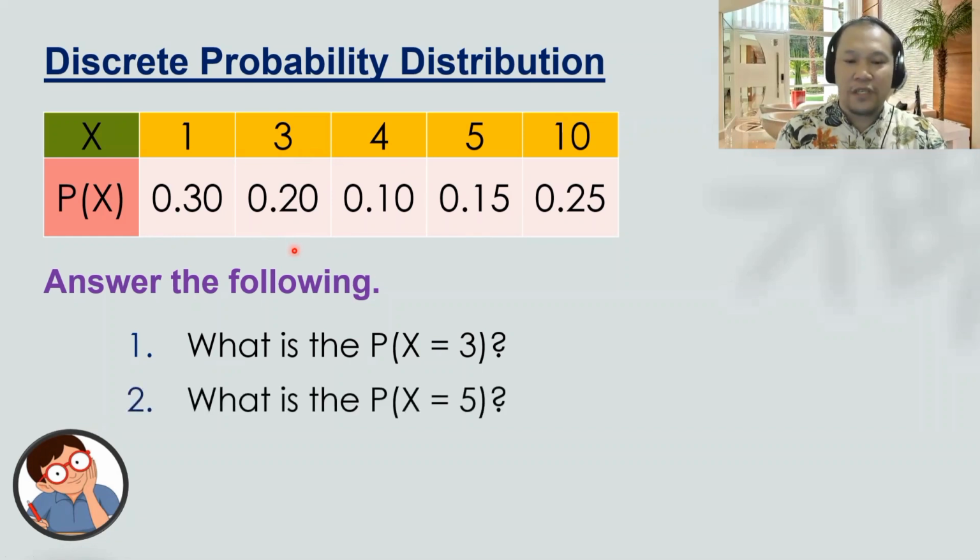What if we are asked to find the probability of the random variable x where x is equal to 5? Then the answer is 0.15. From the given illustration, we can determine the probability of a certain random variable since we have a discrete probability distribution.